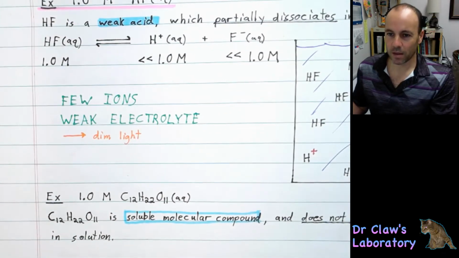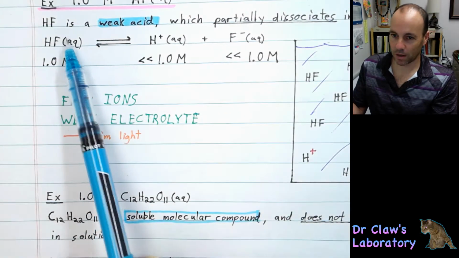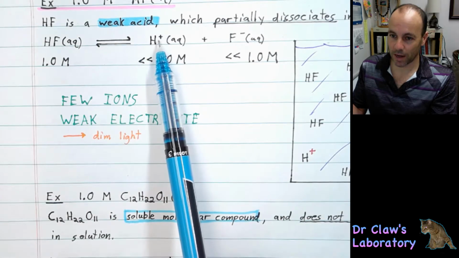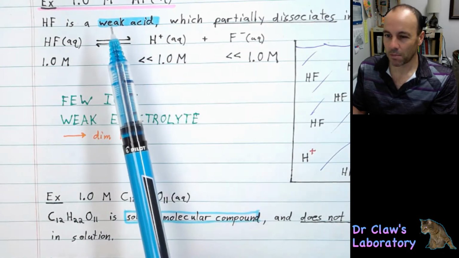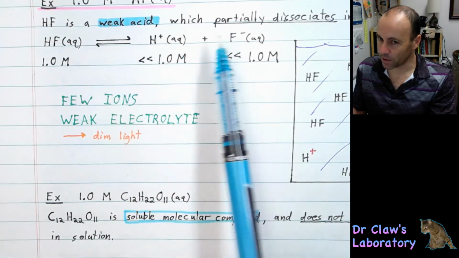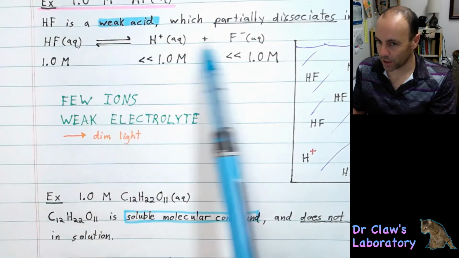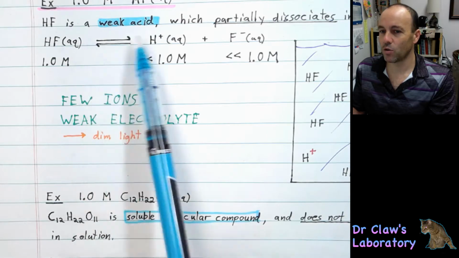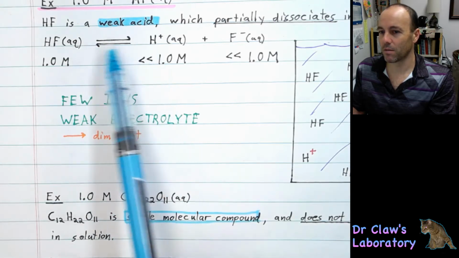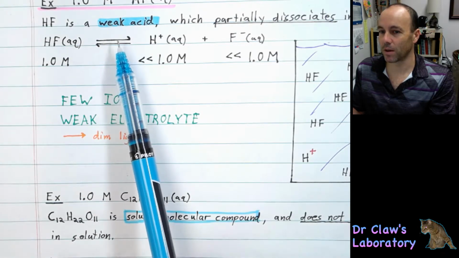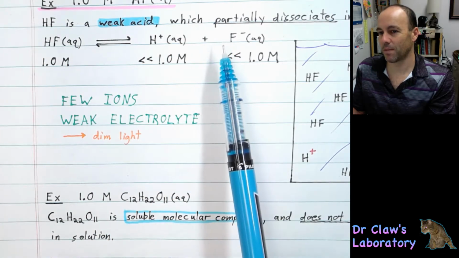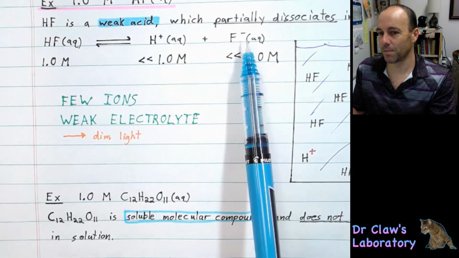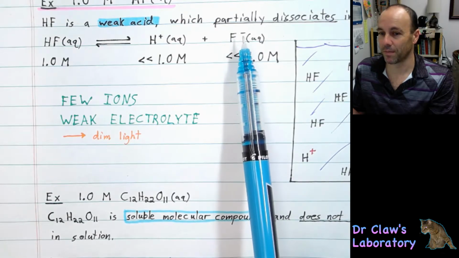You would write the chemical equation like this if you wanted to acknowledge that you do get some ions in solution, but not fully dissociated. It's not like all of this turns into that. You would write a two-way arrow, and this represents what's called an equilibrium, where some of these molecules dissolve, split apart, just some of them.